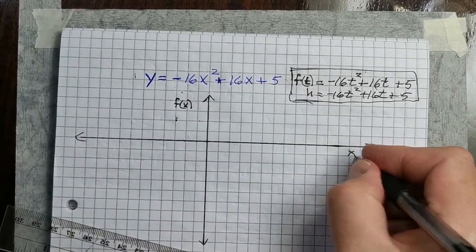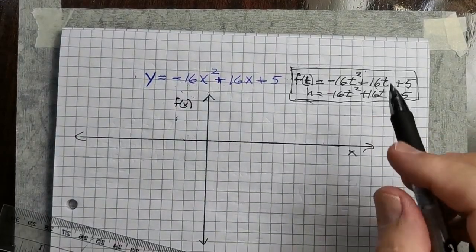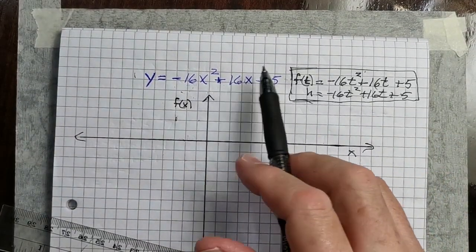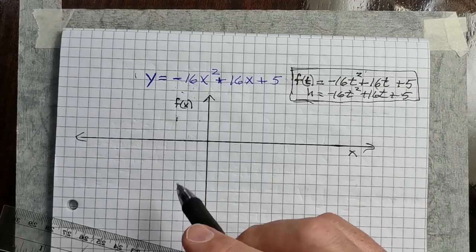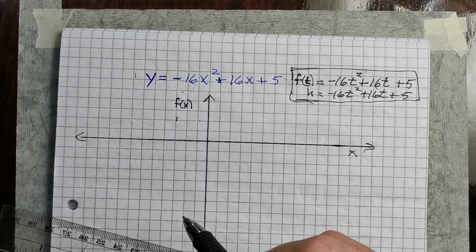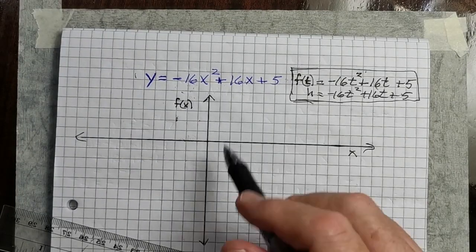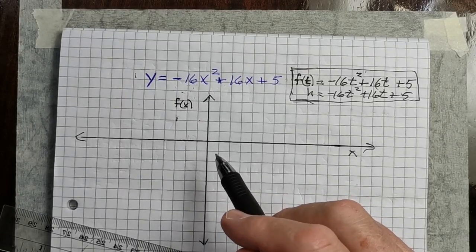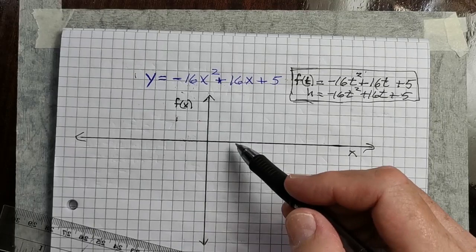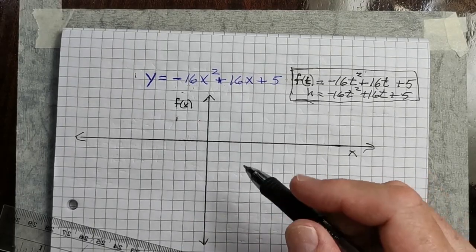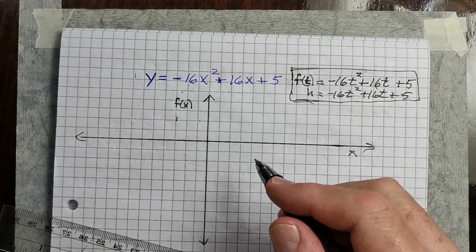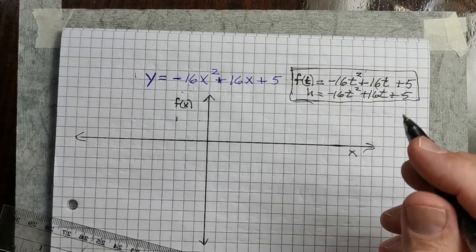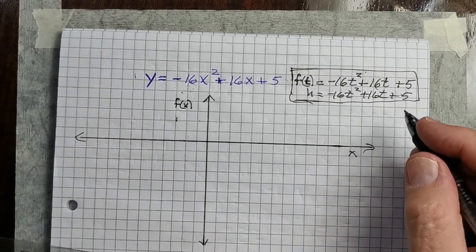And this is x. And because of the nature of this equation, 16x squared plus 16x, the numbers are kind of big. And so I'm going to let every mark be probably 5 units. Otherwise, I'll probably run out of space. That's what I'm guessing. So let's let every mark be 5.